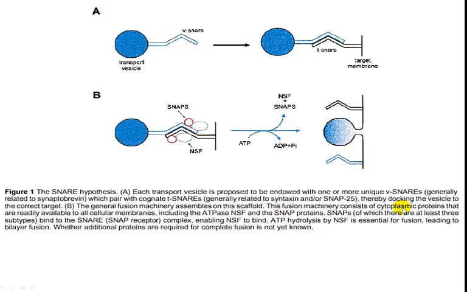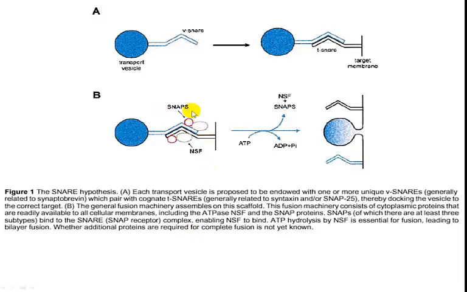Let's see. So the fusion machinery consists of cytoplasmic proteins that are readily available to all cell membranes, including the ATPase NSF and the SNAP proteins. SNAPs, of which there are at least 3 subtypes, bind to the SNARE, SNAP receptor complex, enabling NSF to bind. ATP hydrolysis by NSF is essential for fusion, leading to bilayer fusion. Whether additional proteins are required for complete fusion is not yet known.